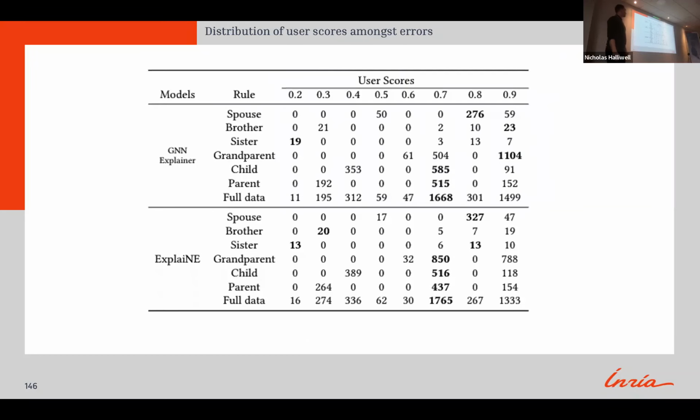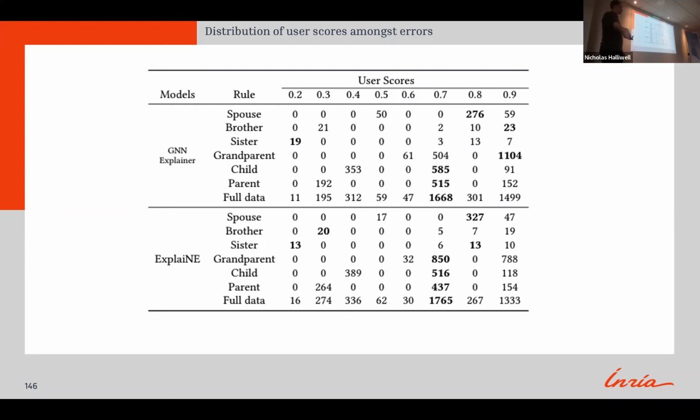And this is the distribution of user scores amongst errors. So for each of the user scores, we wanted to see where the errors were coming from, which user score the model attempted to predict.